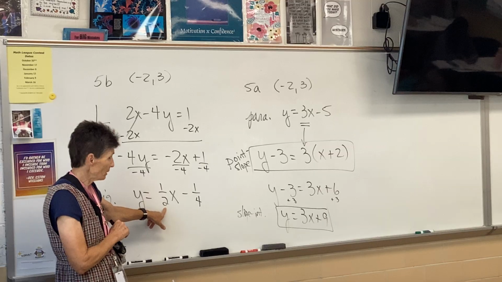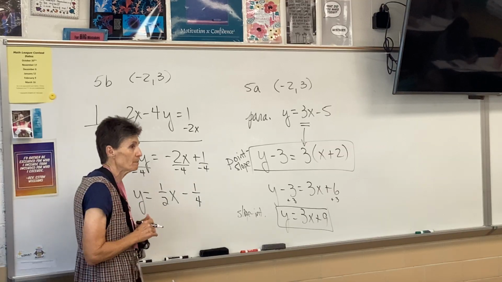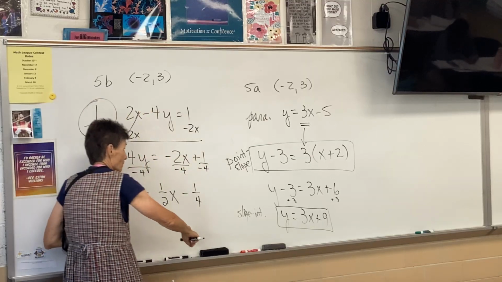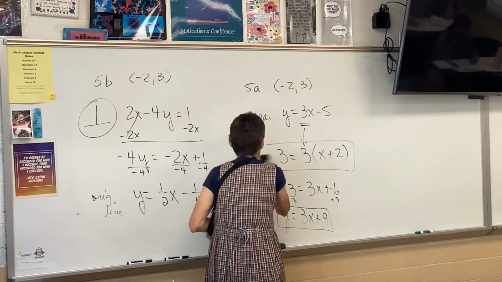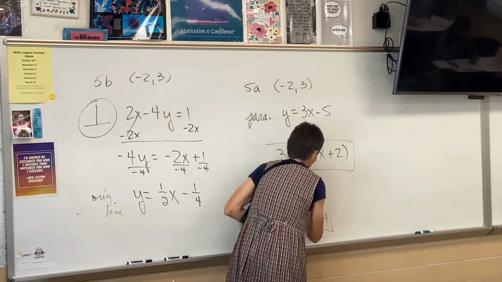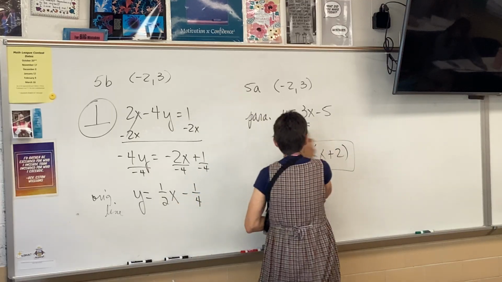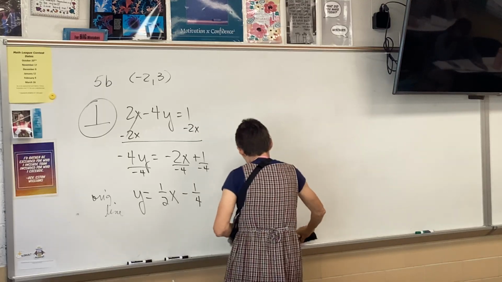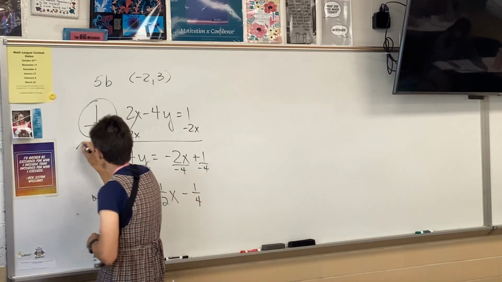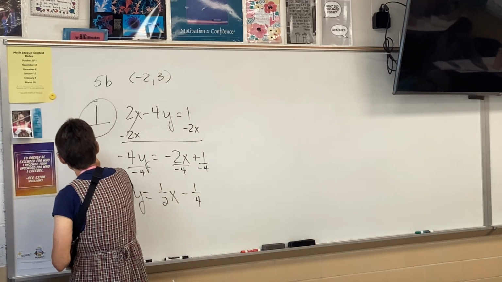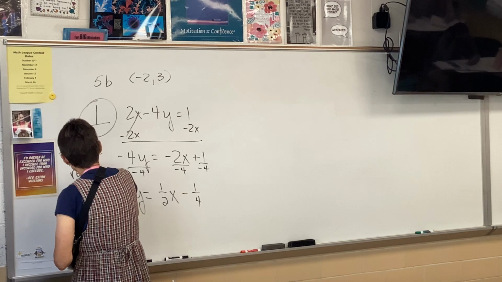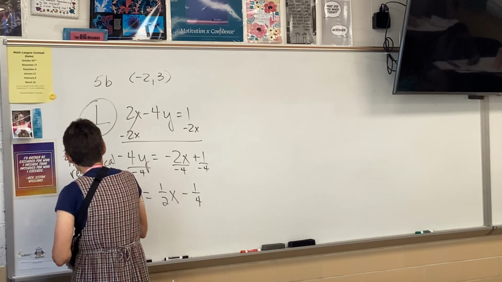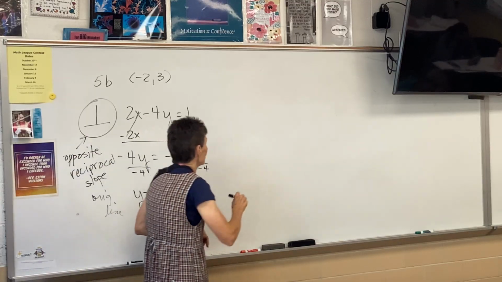If I were doing a parallel problem, then 1/2 would be my slope. But I'm doing a perpendicular problem. Anybody remember how that works? Flip it, and also make it opposite. So perpendicular slopes are opposite reciprocals. In other words, we are going to flip it and make it negative.